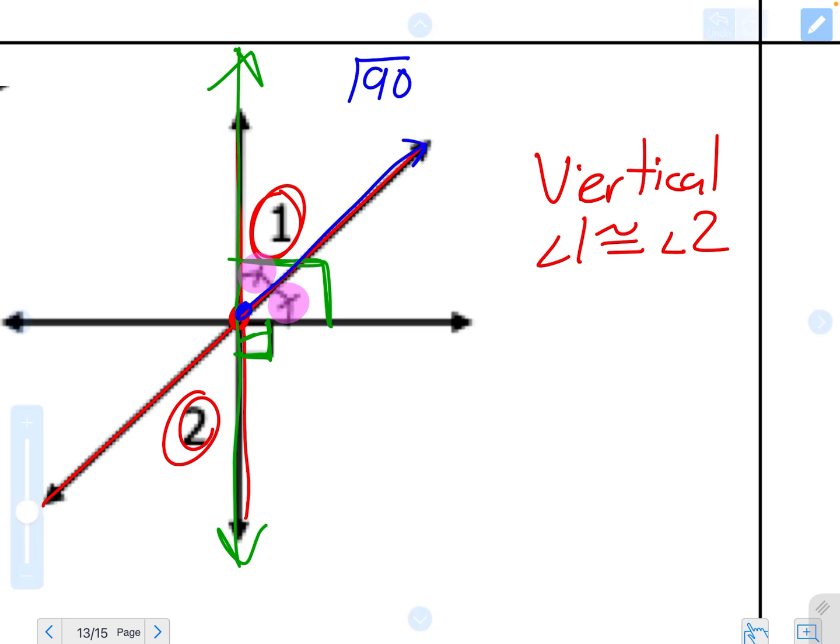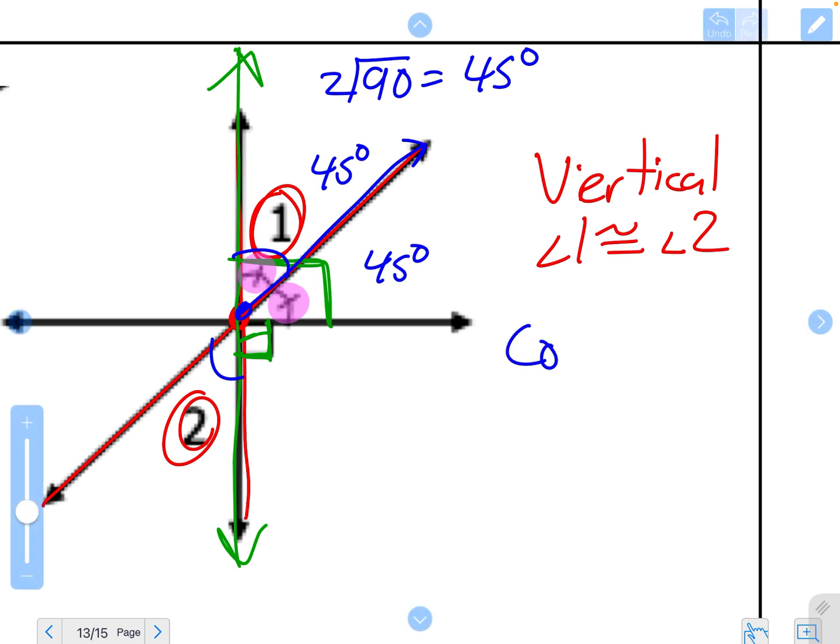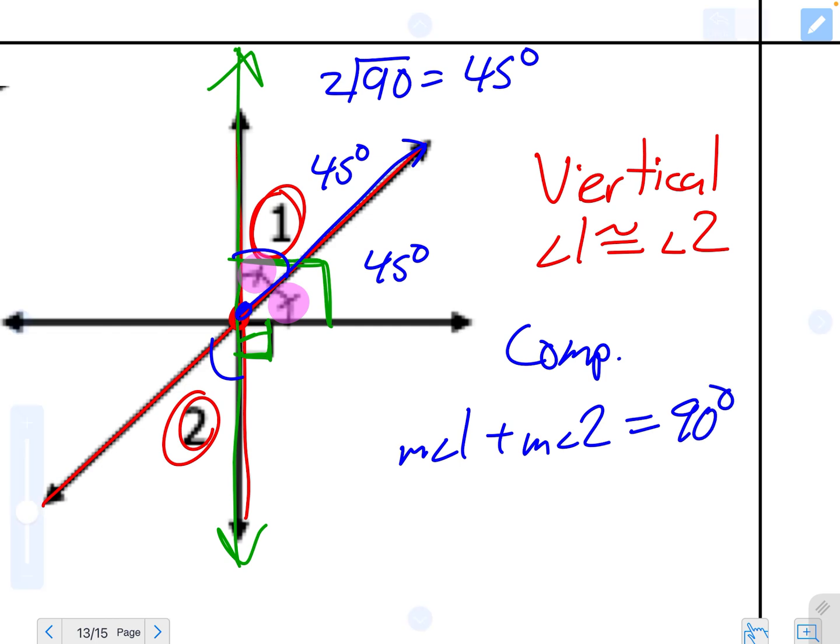So I know I can do 90 divided by 2, which equals 45 degrees. So now I know that angle 1 is 45 degrees, and I know that this is 45 degrees. And because I know that angle 1 is 45 degrees, I also know that angle 2 is 45 degrees. So angle 1 and angle 2 are also complementary, which means the measure of angle 1 plus the measure of angle 2 equals 90 degrees.